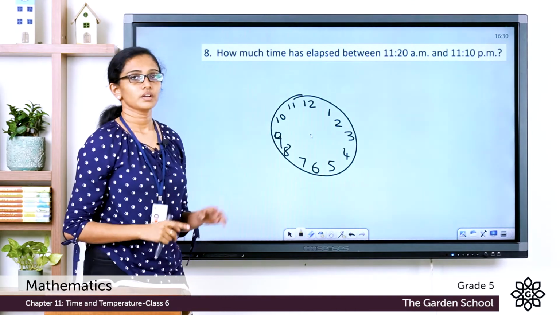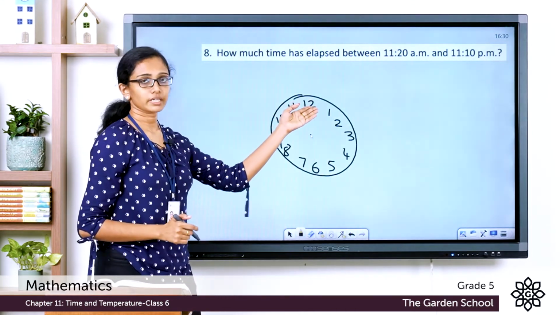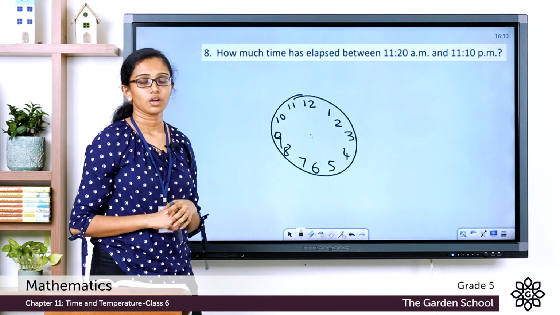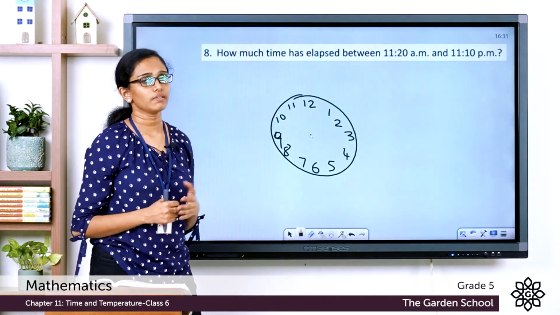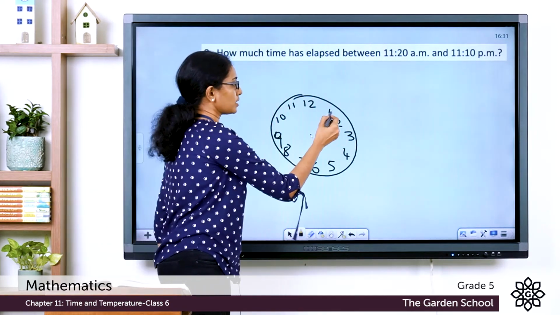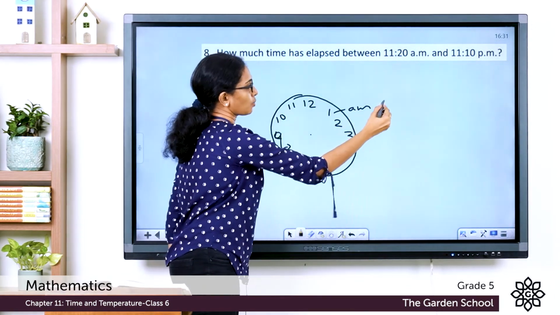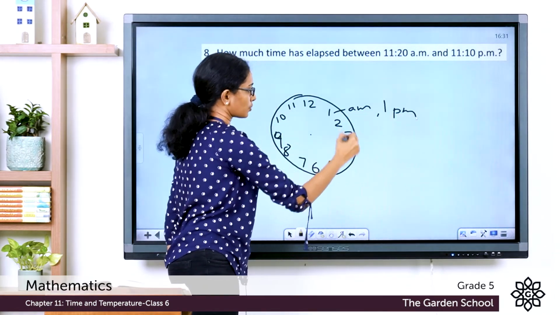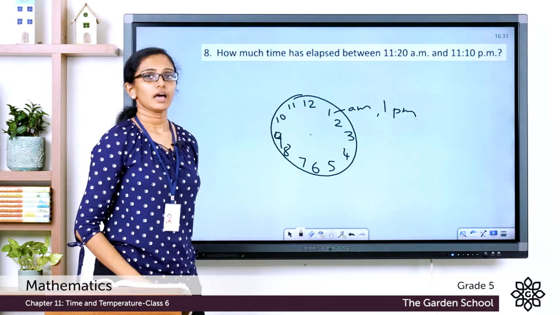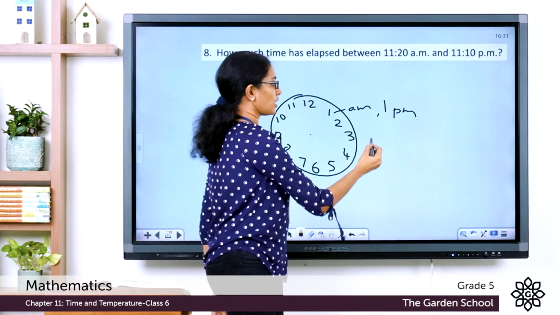See, between 12 in the midnight and 12 in the noon, how many hours are there? 12 hours are there. Between 1 a.m. and 1 p.m. the clock will go one full rotation and there will be 12 hours.